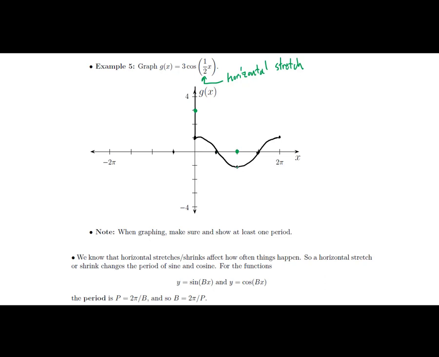Now it should happen half as fast, so that should put me all the way over here at 2 pi. But again, the 3 triples that y value, so instead of -1, it should be at -3. And so I still have the same sort of behavior, but I kind of have to stop here. So this is what I can see is that my cosine function, I'm not even going to see a full period. I'm just going to see half of it.